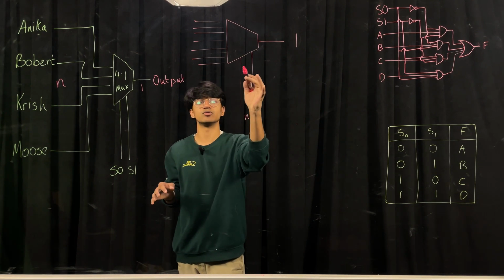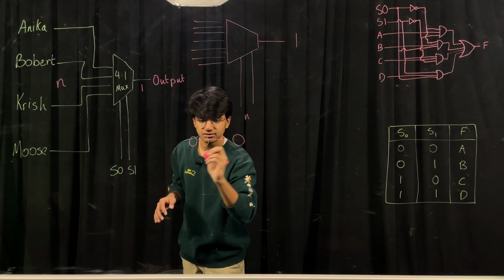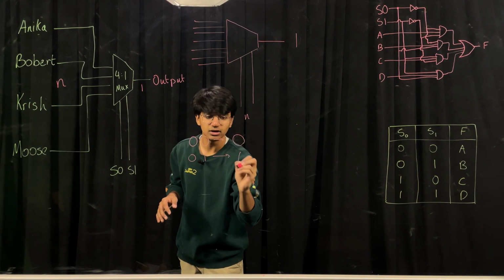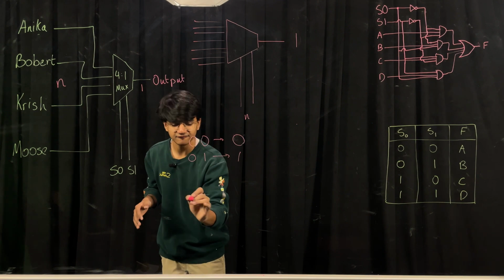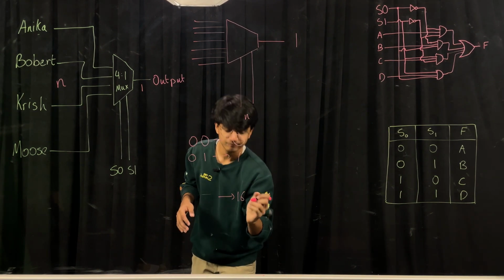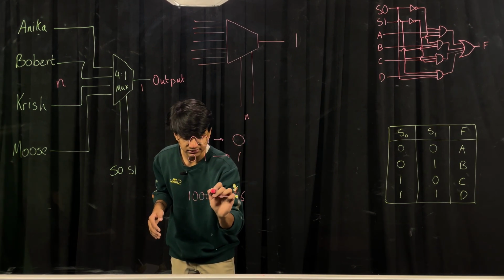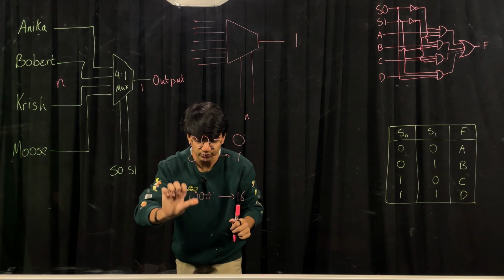So the way select lines work is the same as decoders. 0, 0 translates to 0. 0, 1 translates to 1. But say we want to get to number 16. If we want number 16, we have to do 1, 0, 0, 0. Sorry, we wouldn't actually get to 16.